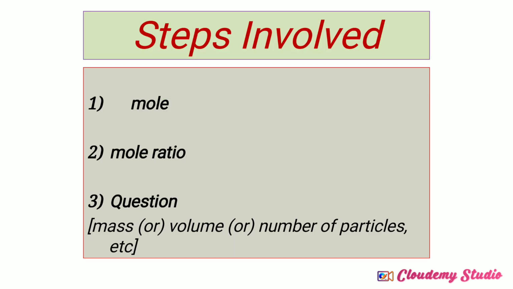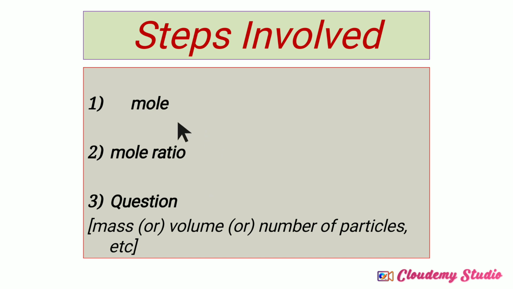For any stoichiometric calculation, only these three steps are involved. If we follow these three steps, we can easily solve the problem. All kinds of stoichiometric problems can be solved using these three steps.